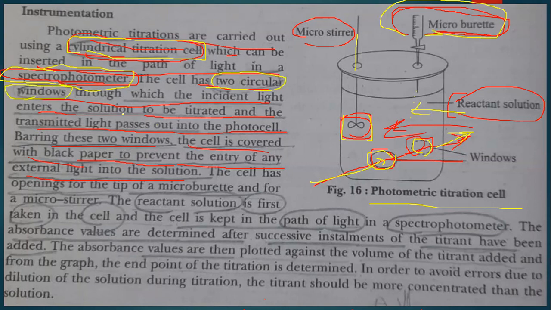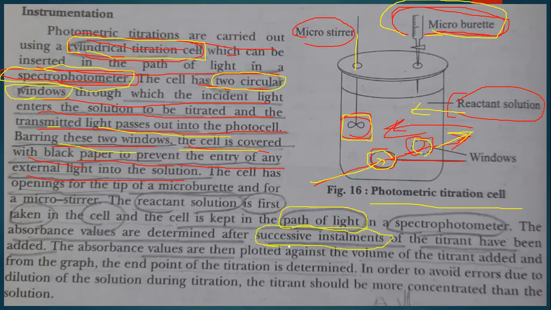Every time you note the reading, you plot the absorbance versus the volume of titrant added, from which you find out the actual concentration of the species present in the solution. Reading at successive installments is very important.